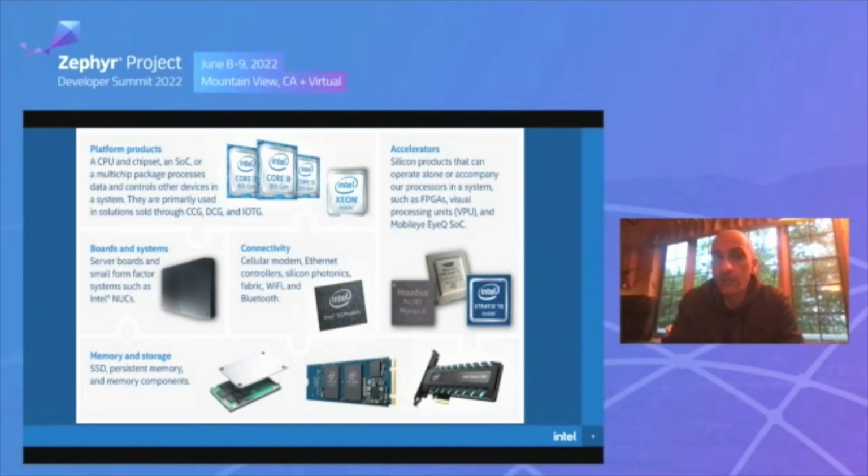So going all the way from the CPUs, most of you are familiar with, running the laptops you have probably in front of you right now, there are accelerators, there are boards and systems, connectivity products, Wi-Fi, Bluetooth, and so on.